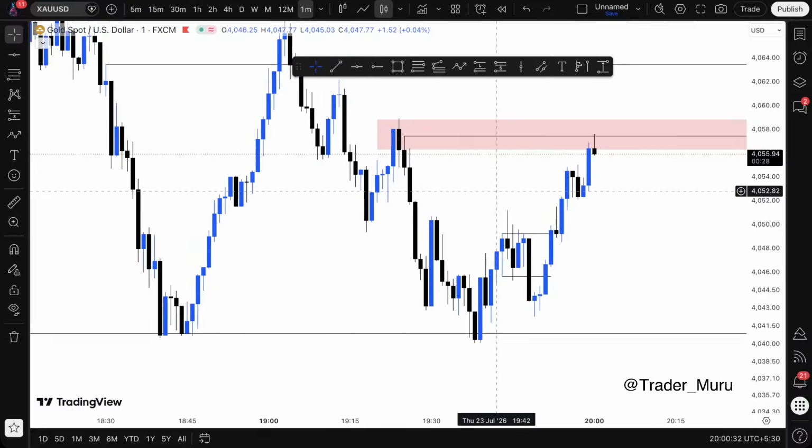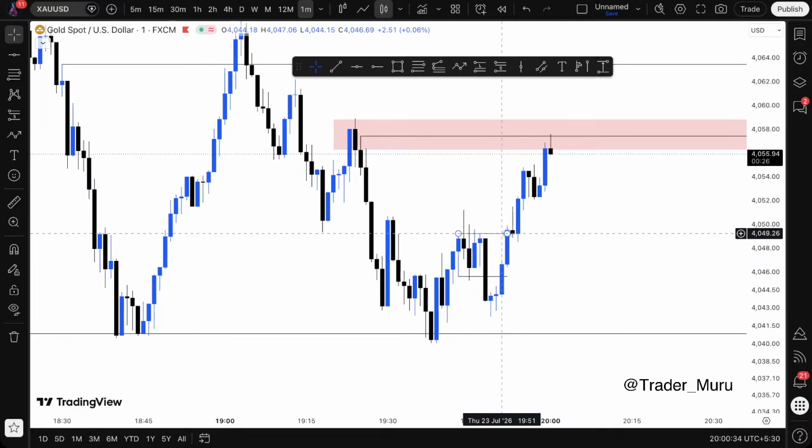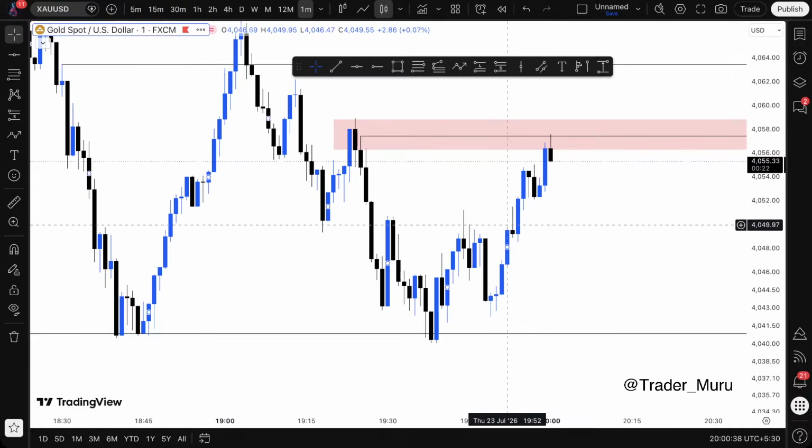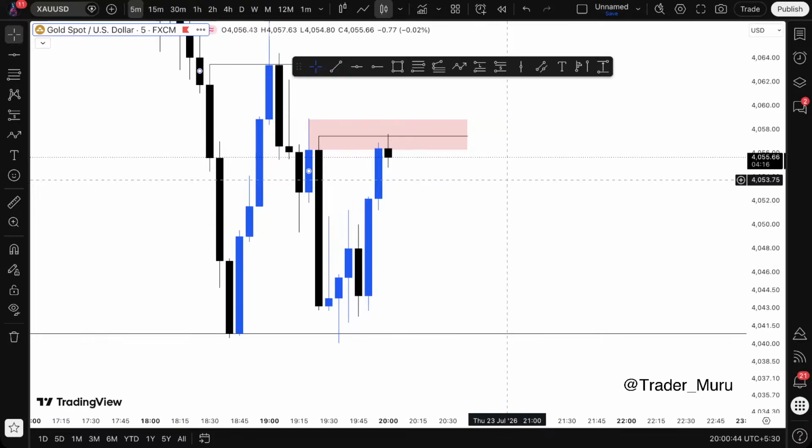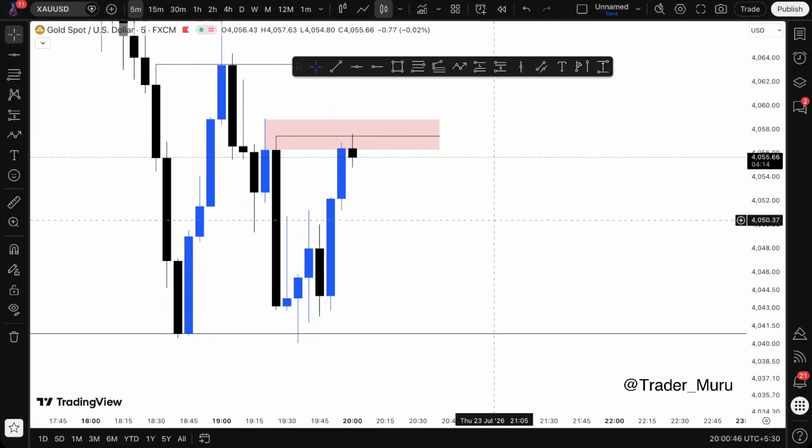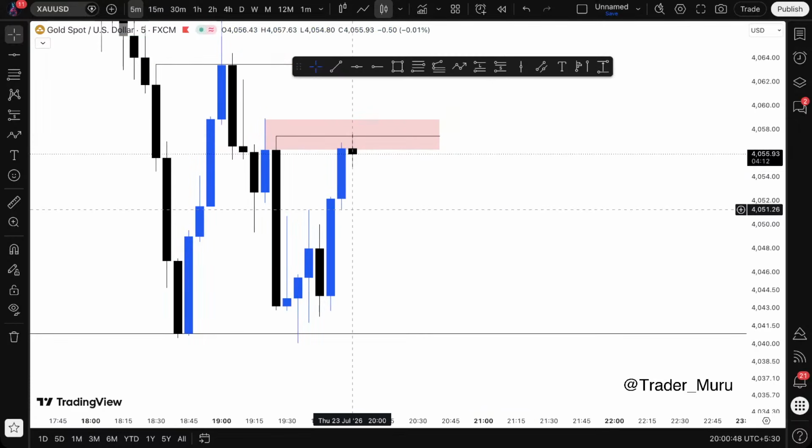Then you can short again. Your first target will be this low 4051. Second will be back to the low of 4041.